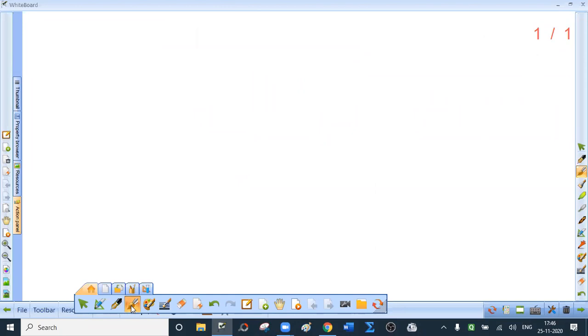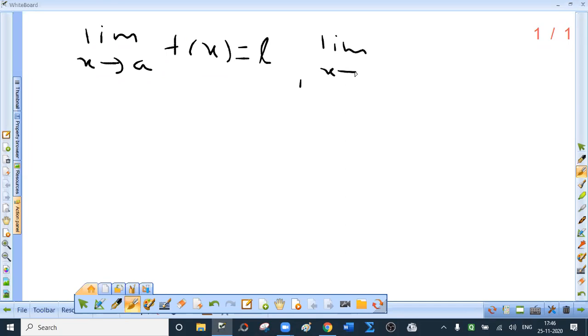The first one, or before that, I can say that suppose limit x tends to a, f of x exists and it is L. Limit x tends to a, another function g of x, this also exists, and suppose that limit is nothing but M, right?